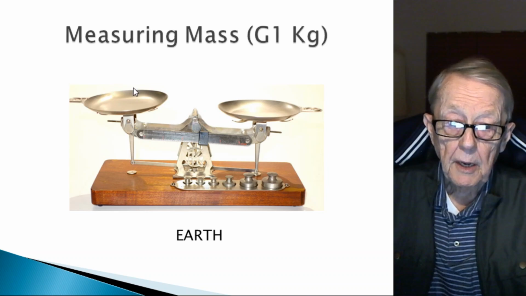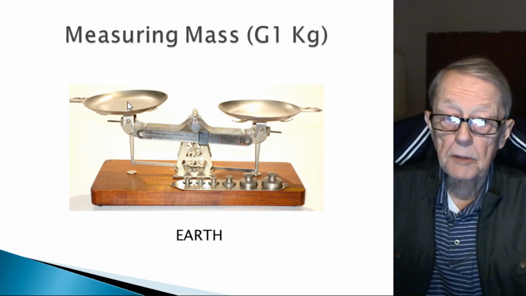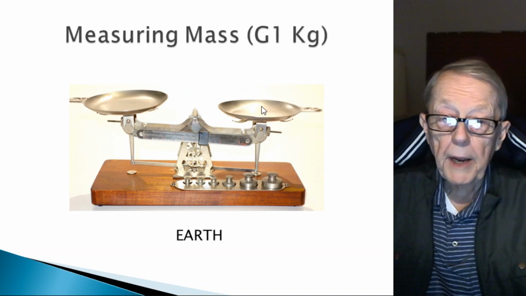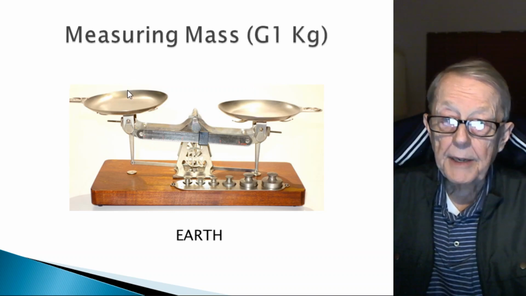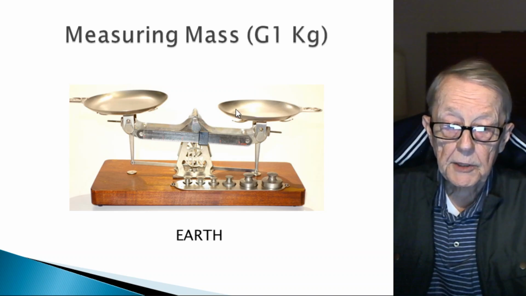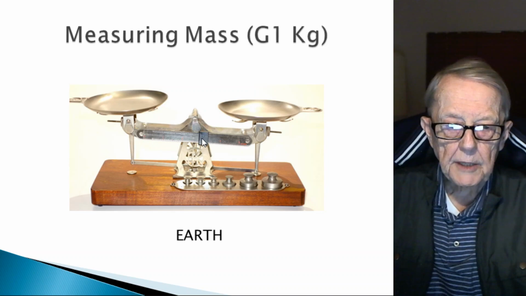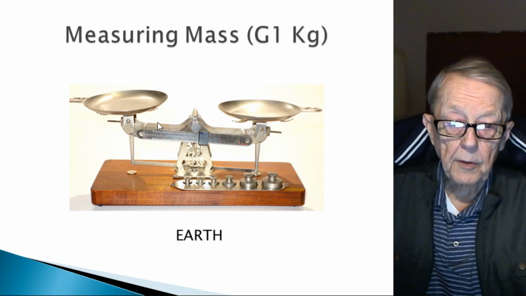You might put a bunch of sodium chloride here, hoping to get maybe 10 grams of sodium chloride here. You put a 10-gram weight here, and you keep adding sodium chloride until the scale balances. This particular old one actually has a preliminary adjustment to account for any irregularities in the way it's made.